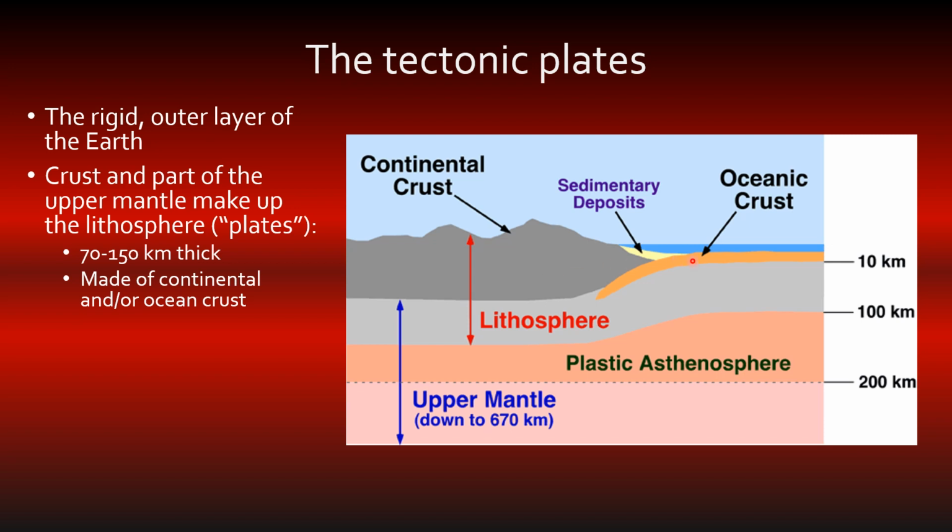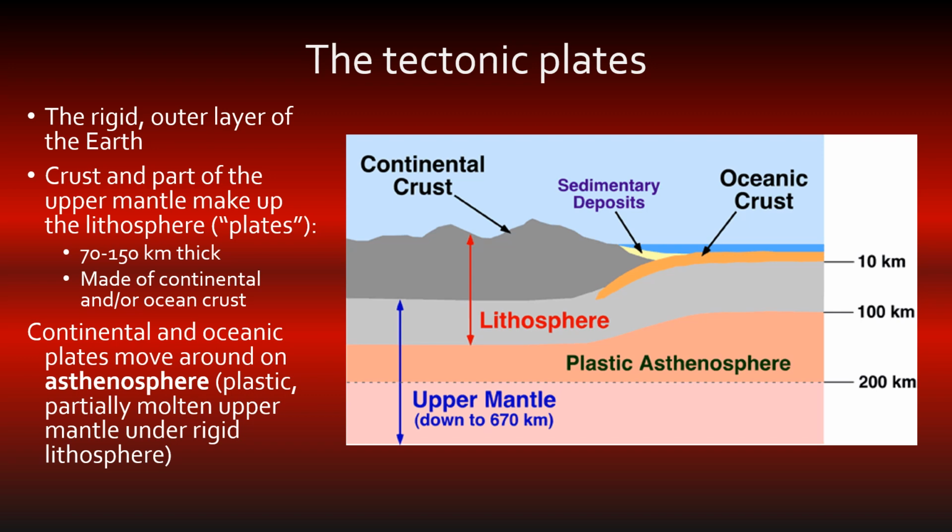Whereas the tennis ball might be heavier. You can tell I don't play tennis or volleyball. This analogy might not make sense, but imagine a tennis ball that's denser. It's just smaller, right? So it's not going to sink as deep down into the pool. And that's what oceanic crust does. So continental and oceanic crust, they move on the asthenosphere, like I said.